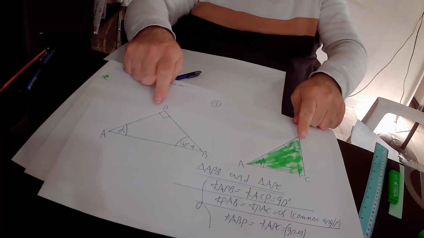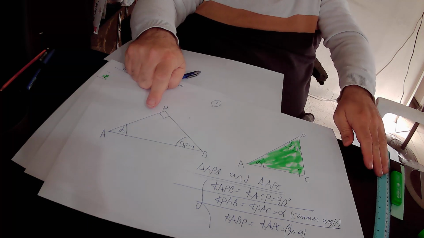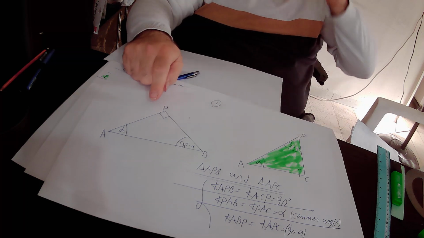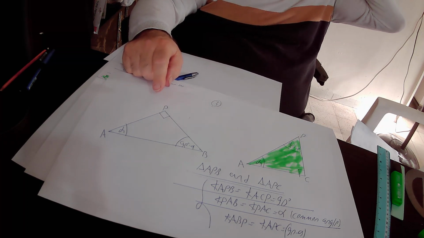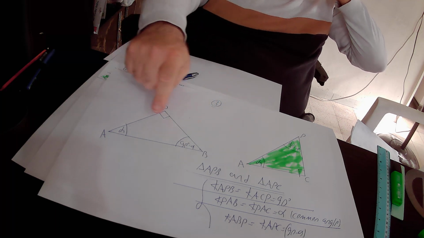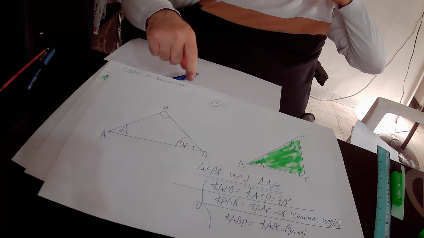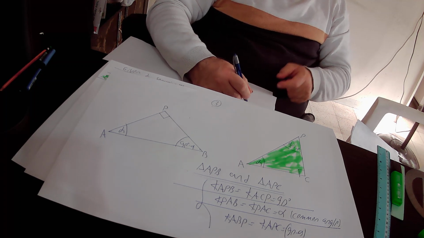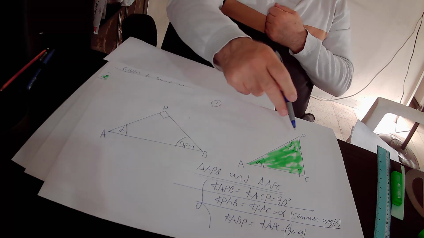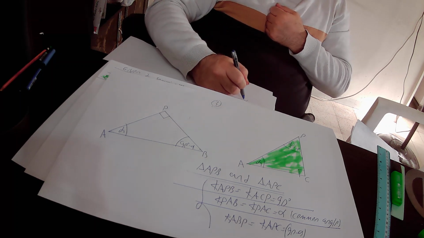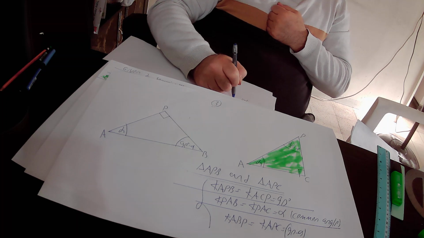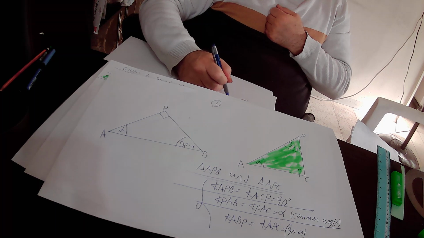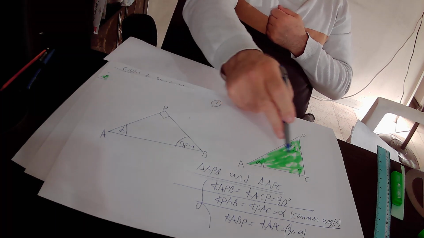And for the fact that those two right triangles are similar to each other, we derive that the following relationship exists between their sides. We derive that side AB in this right triangle APB over side AP in this green triangle equals side AP in this white triangle over side AC in this green triangle.